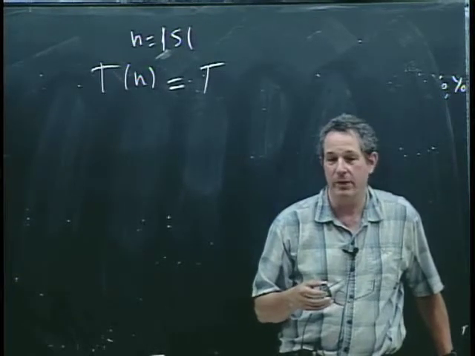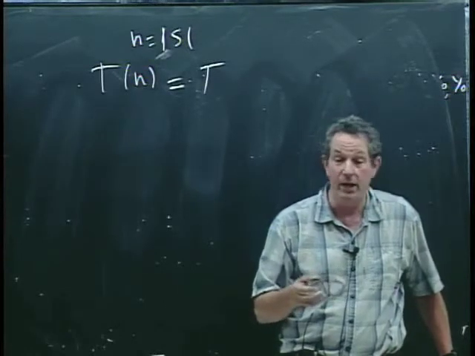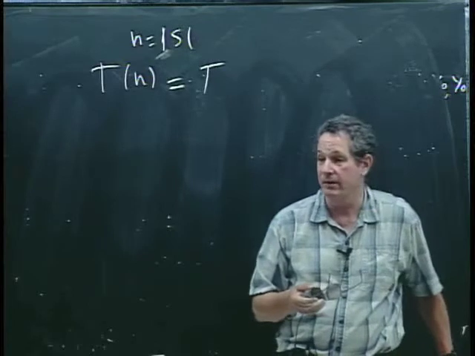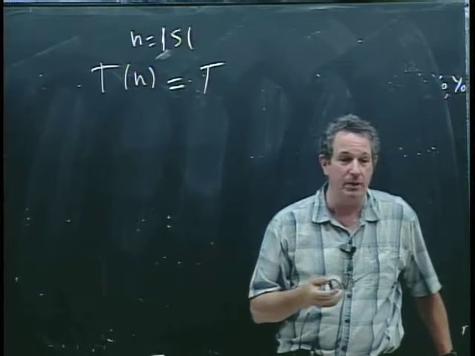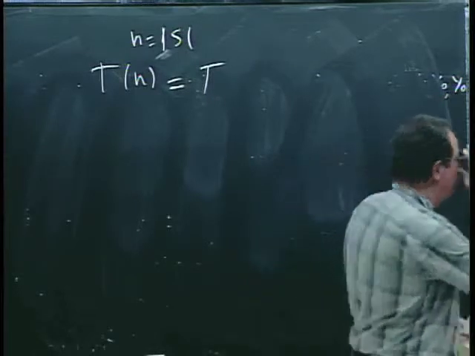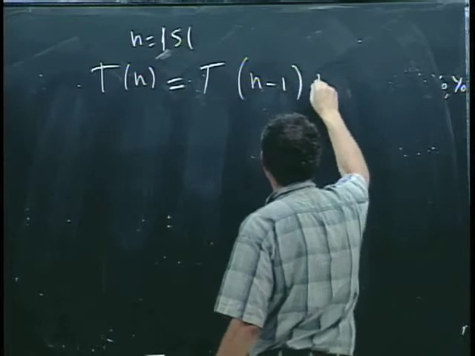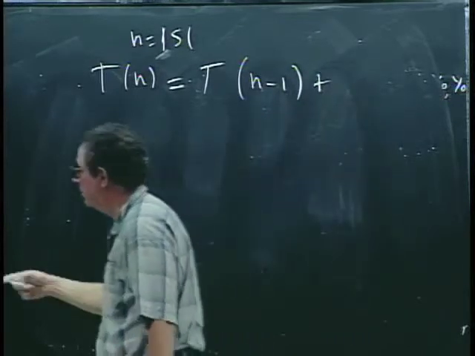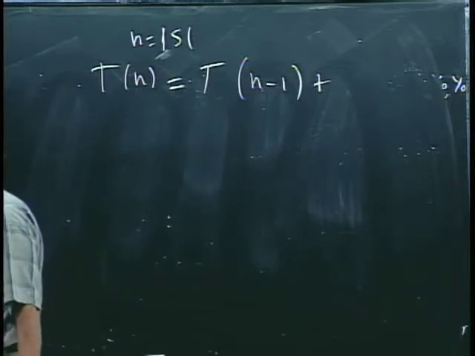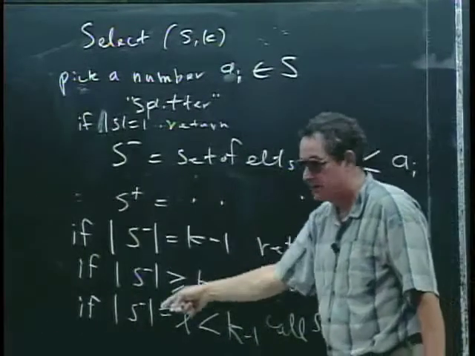That's the worst thing that could be happening: all you're doing is recognizing that Ai is not the element you want, and you're getting rid of it, but other than that, you're not making any progress at all. So this is T of n minus 1 plus the work you actually had to do to get there. And what are you doing to get there? You're picking a splitter. Well, that took only constant work, but now you're figuring out S minus and S plus.